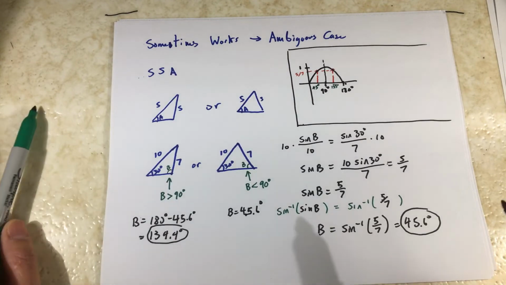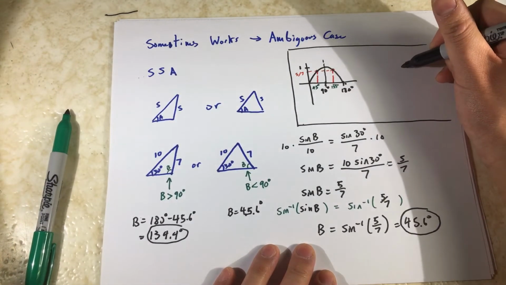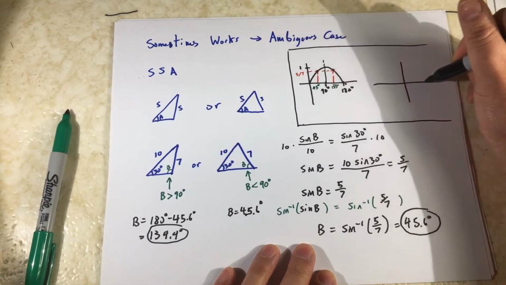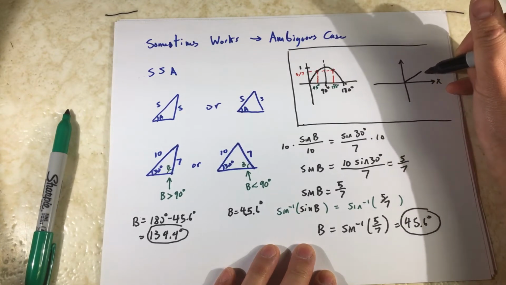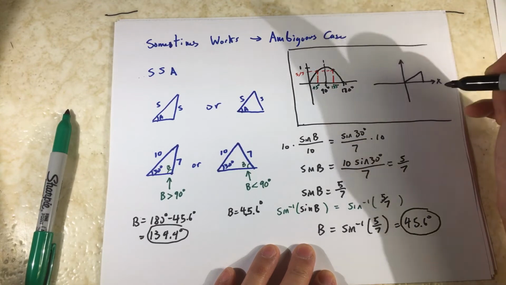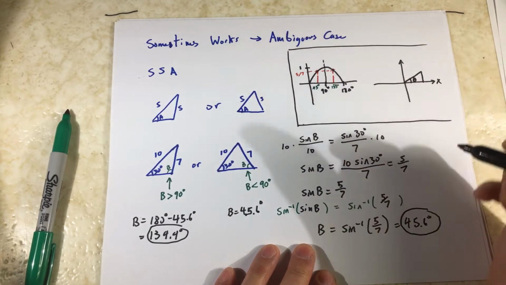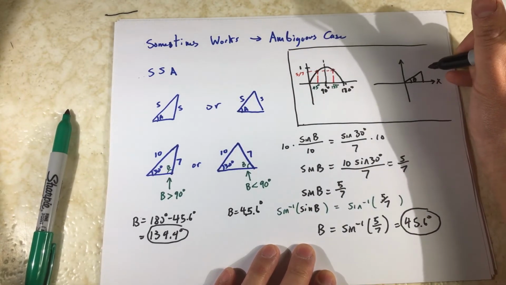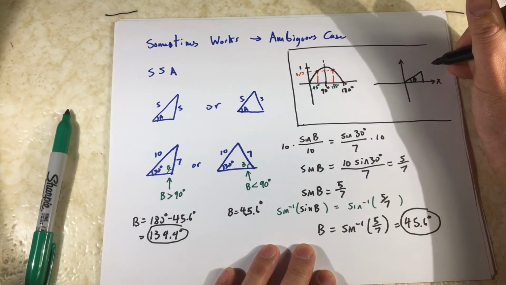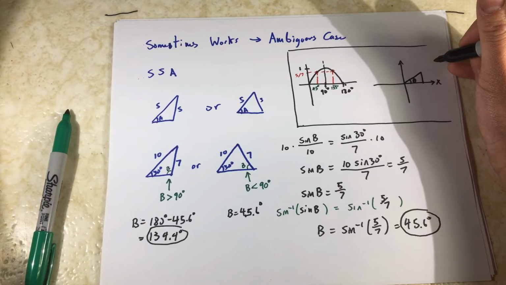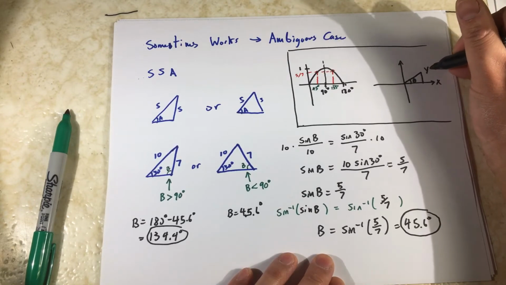Here's another way of looking at it, in terms of triangles on the coordinate plane. We have some angle theta over here. Remember that when you draw these right triangles, the y component is equal to sine theta.